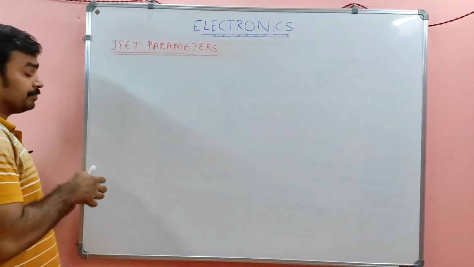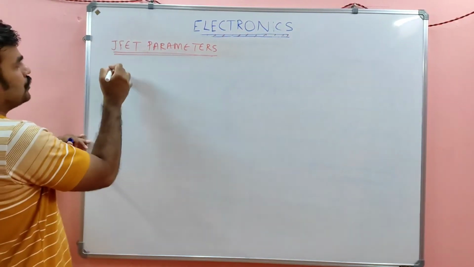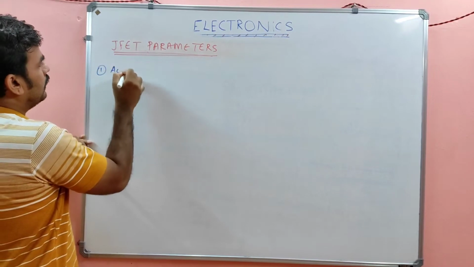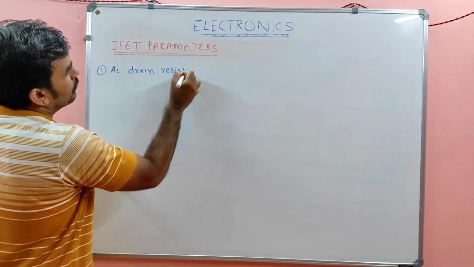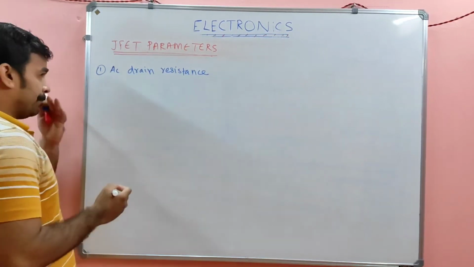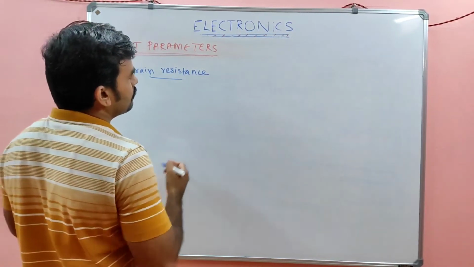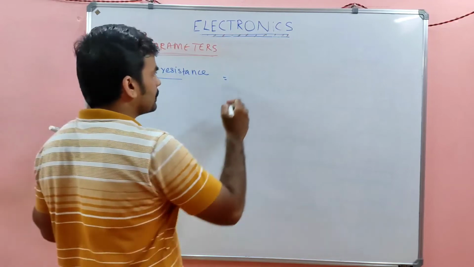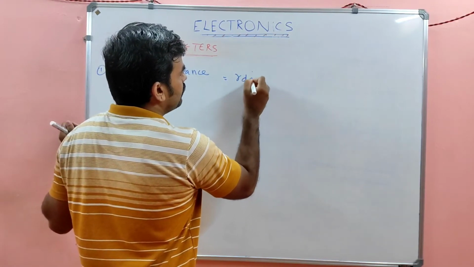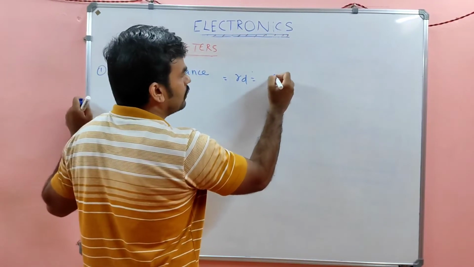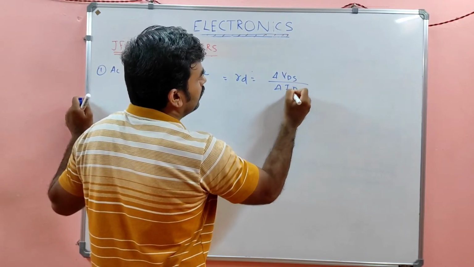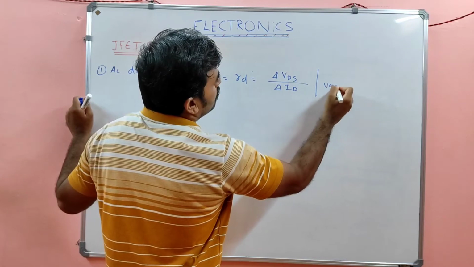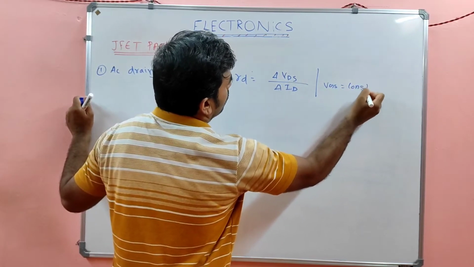First one, AC drain resistance, represented by rd, which is delta VDS divided by delta ID at VGS equal to constant.